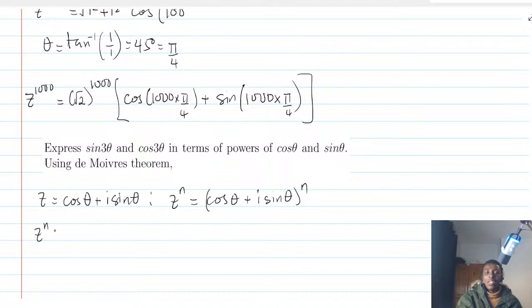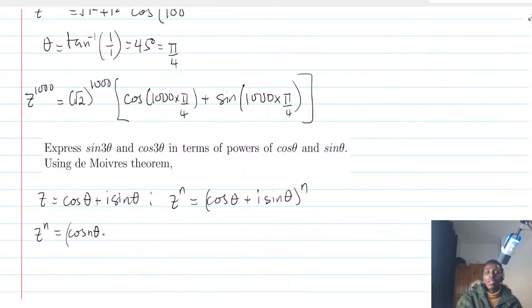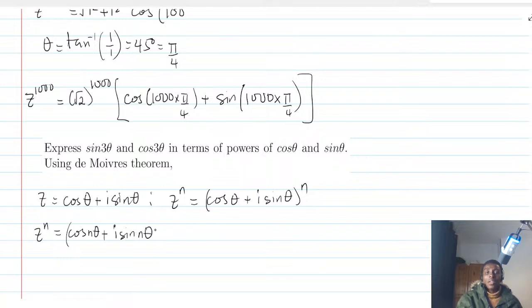And this is the same as cos n theta plus I sine n theta. All right, so that is it.